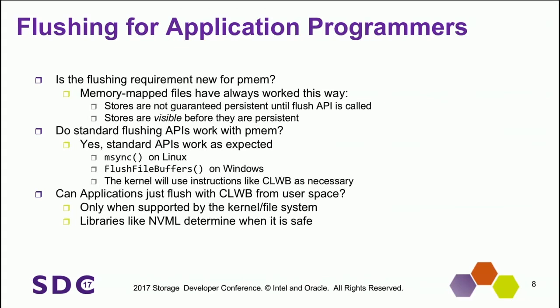On Linux, the ext4 and XFS file system maintainers have shown some trepidation about making this be safe, and I'm going to show you where that stands on a slide that's coming up, but we're actually making some pretty good progress on that. But instead of you looking to see which file system it is and whether it's safe or not, you could just use a library to determine when it's safe, and we've written libraries to do that, and I'll explain how that works too.